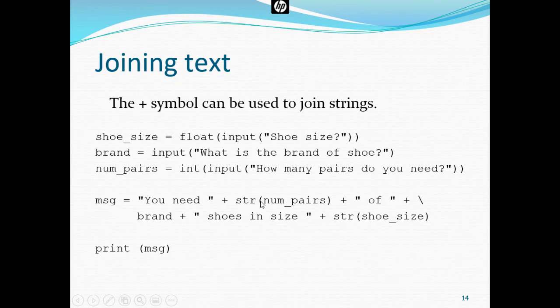So we type in str and put the variable number pairs, plus, now we have quotes for of, plus, and now this takes it into a second line and prints out the variable we called brand. Whatever we typed in for brand will show there. And shoe size, where I enter the actual shoe size, the actual number was shown there.